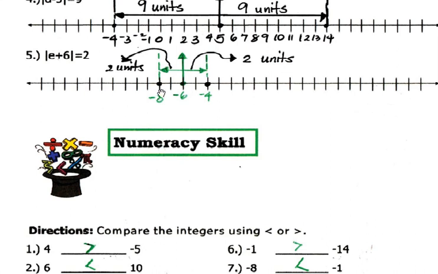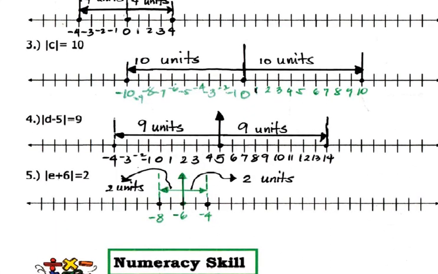So the values for E are negative 8 and negative 4. Now let's substitute. If E is negative 8, then negative 8 plus 6 equals negative 2. The absolute value of negative 2 is 2. If E is negative 4, negative 4 plus 6 is positive 2, and the absolute value of positive 2 is 2. This concludes exercise letter C.